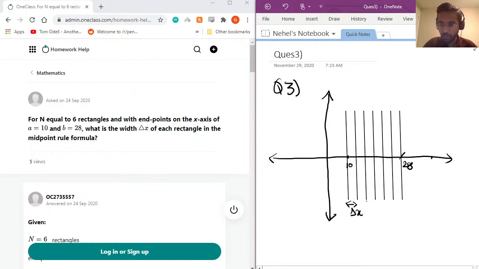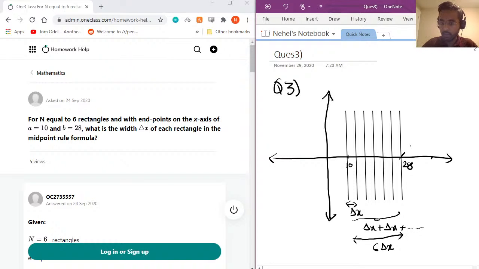Okay, so if we have 6 delta x's, we know that this length combined would be equal to delta x plus all the way to 6 delta x basically, correct? So from that we can say that this combined length of the rectangle is 6 delta x.